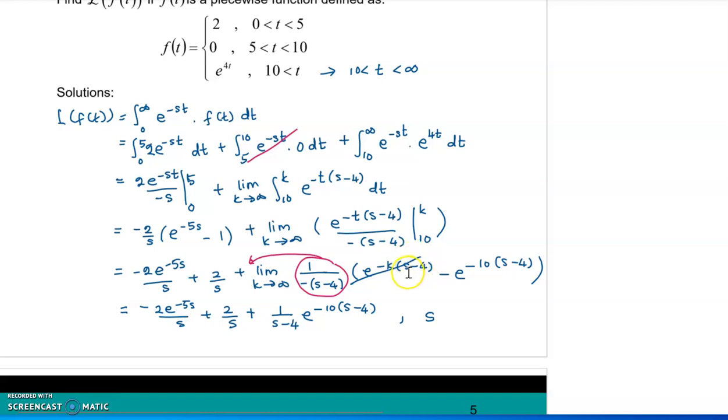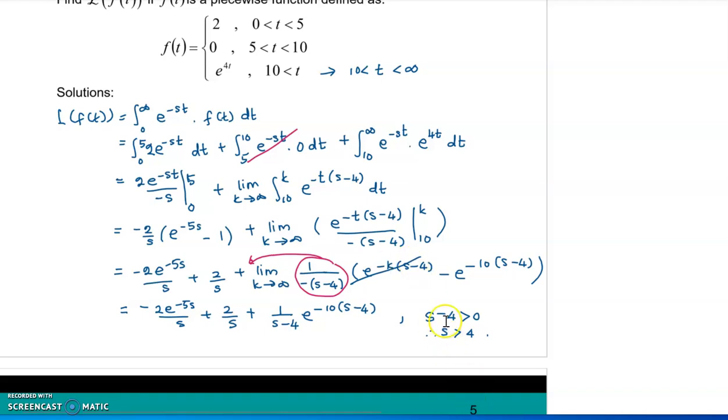Because if s minus 4 is positive, then you multiply with the negative k, then you will have negative. When k is positive infinity, then you will have e^(negative infinity). So s minus 4 should be greater than 0, which can be simplified as s should be greater than 4. Otherwise we don't have the solution.